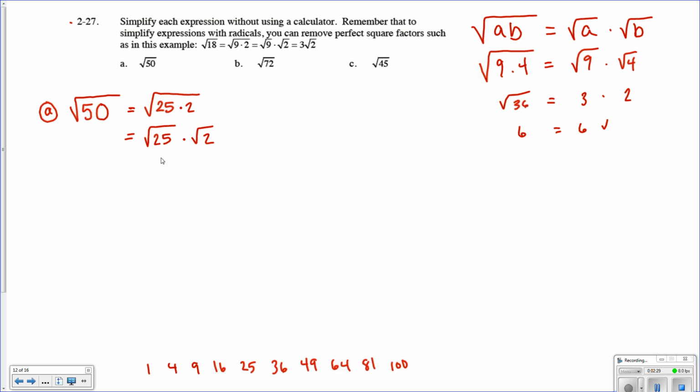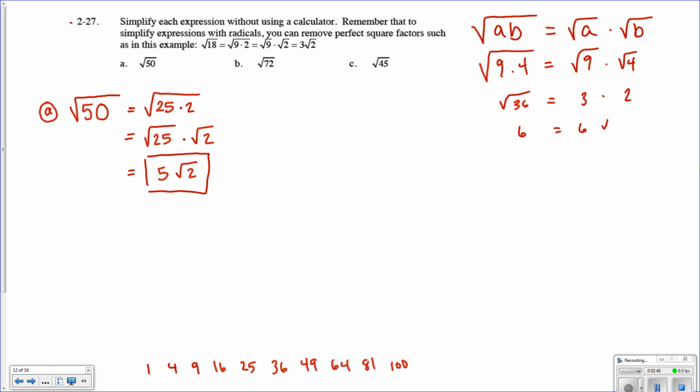Square root of 25 is 5. Square root of 2, well 2 is prime, so it's not going to break down anymore. It doesn't have any perfect square factors besides 1. So we end up with 5 radical 2. That is your answer for letter A.